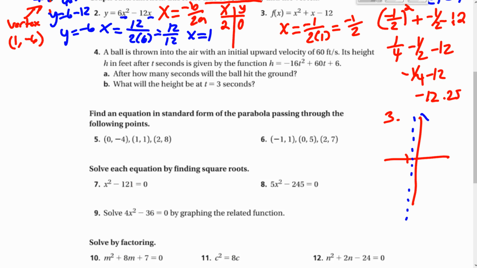Label my axis of symmetry, x equals negative a half. My vertex is down 12: 1, 2, 3, 4, 5, 6, 7, 8, 9, 10, 11, 12 and a quarter. Somewhere down here. So this is negative a half, negative 12.25.